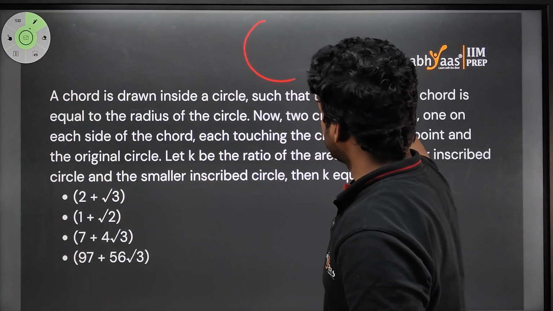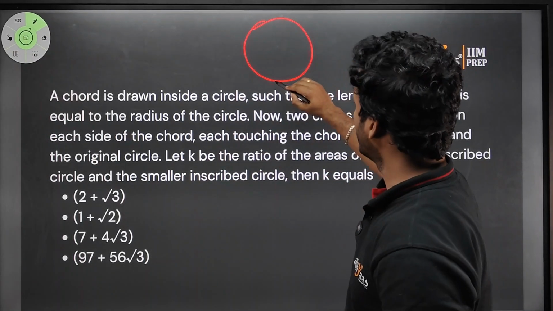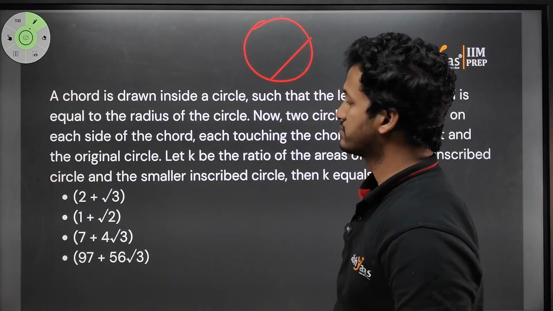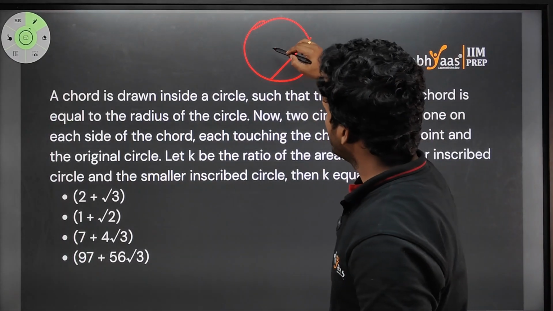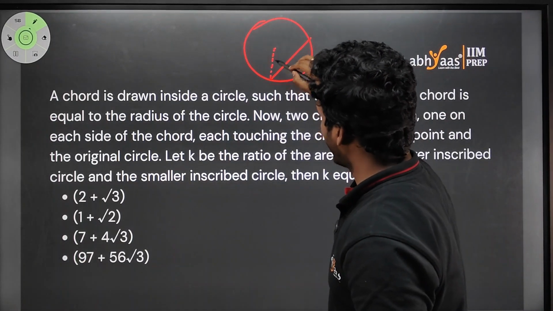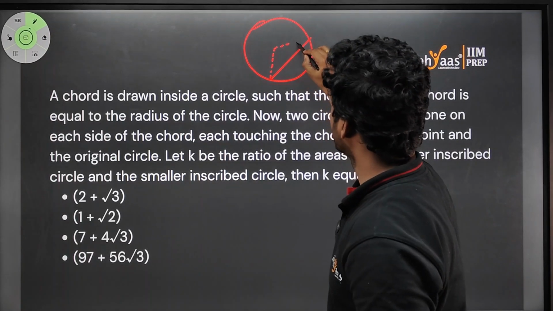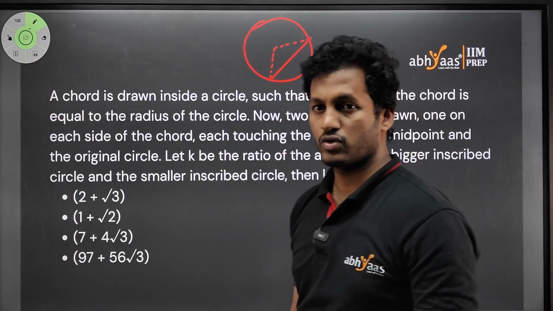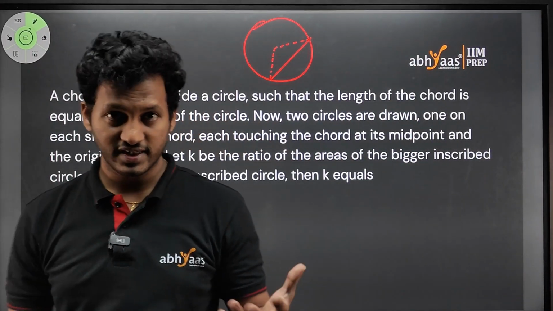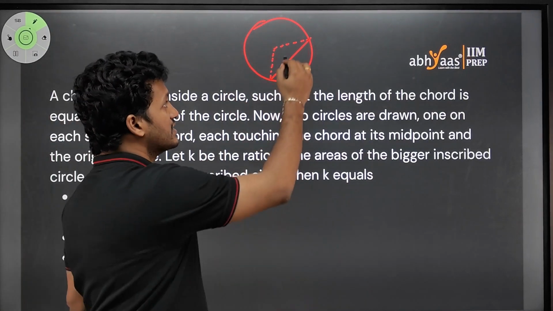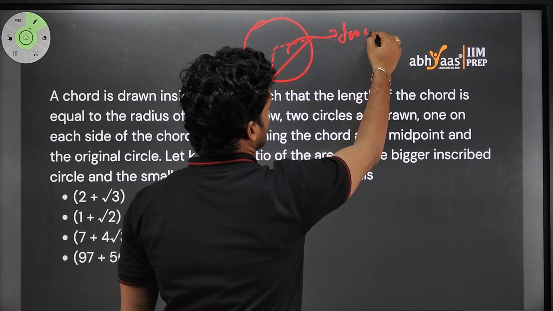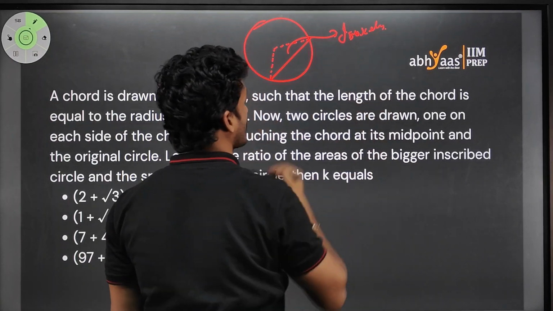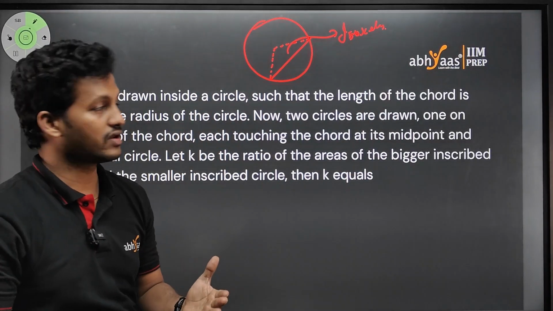Whenever a circle is there, and if you draw a chord, it will intersect the circle at two points. When you draw a triangle with the other two sides being radii of that circle, then obviously this triangle would become an isosceles triangle. That means two sides will be equal.